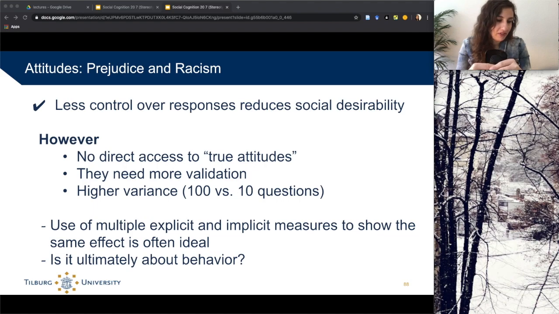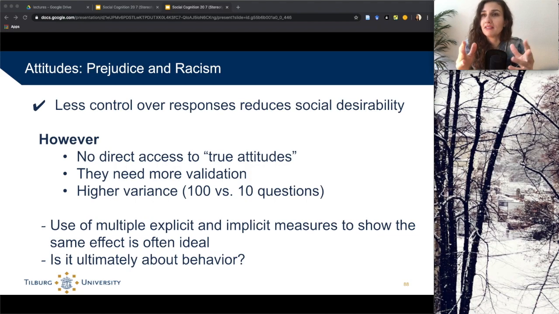All right, but what remains is the question of whether perhaps stereotyping, prejudice, and so on is ultimately about behavior, so about discrimination, and if this might actually be what we're interested in. But one last consoling thought is that even though it's really hard for us to measure attitudes, it's often the case that if we use multiple explicit and implicit measures together, they kind of point us in the same direction.